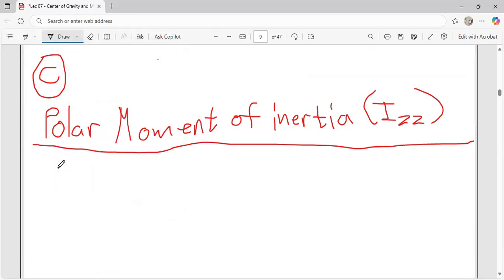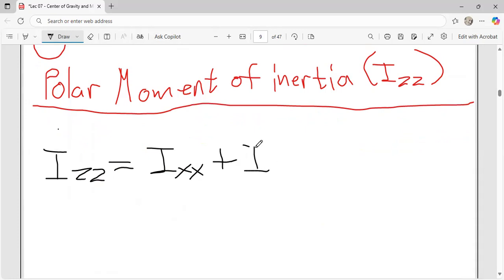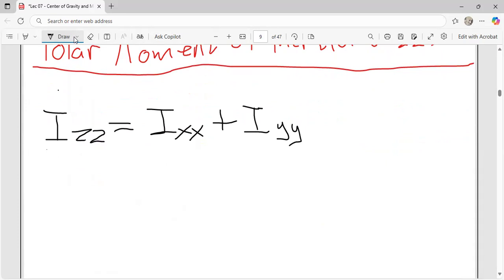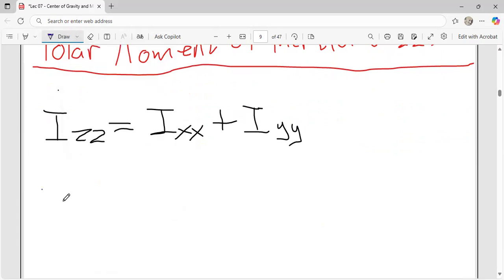And this can be expressed as the total moment of inertia at x plus the total moment of inertia at y. Our answers are already known. We just had them a few minutes ago, so we just have to substitute them into this equation and move on.